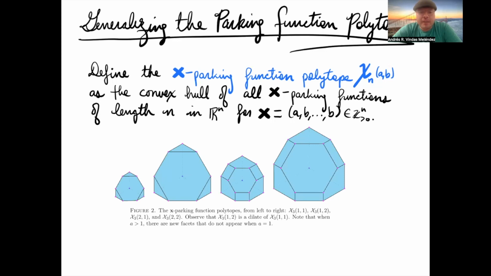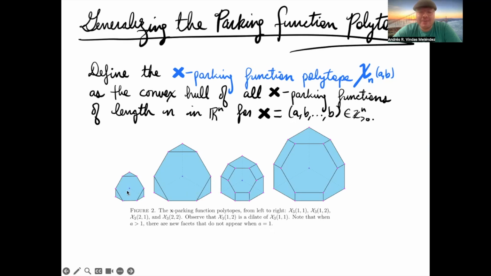So here are the x parking function polytopes, again for x of some specific a and b, for n equals 3. One thing to note is that when a, the first entry in our x vector, is greater than 1, there are new facets that do not appear when a is equal to 1.